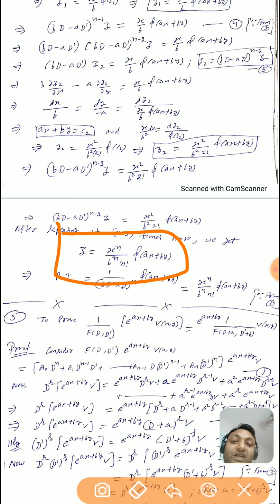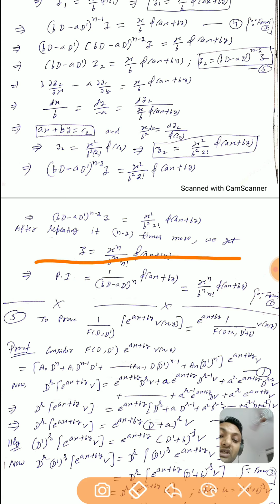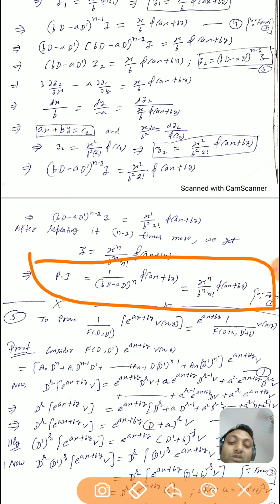After generalizing, finally we will get this result, and this is the required result. So it means that the particular integral 1 upon (BD minus AD dash) power n operating on phi of AX plus BY will be equal to x power n upon b power n into n factorial into phi of AX plus BY.